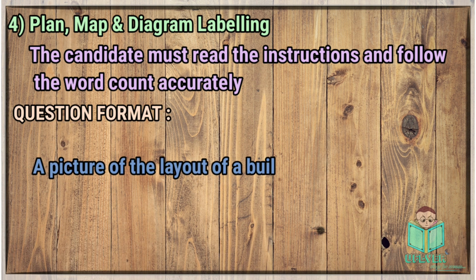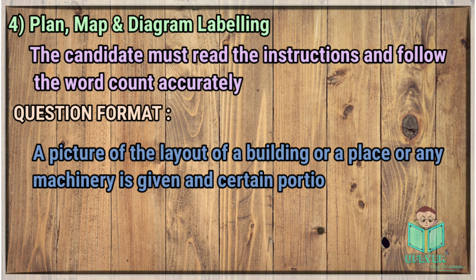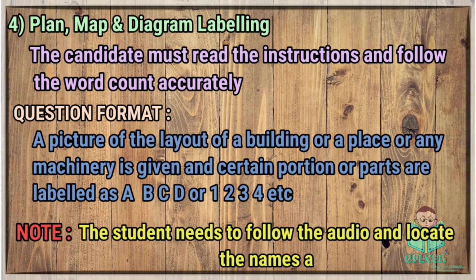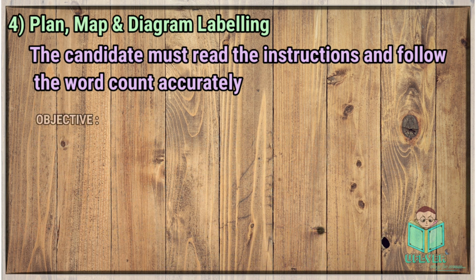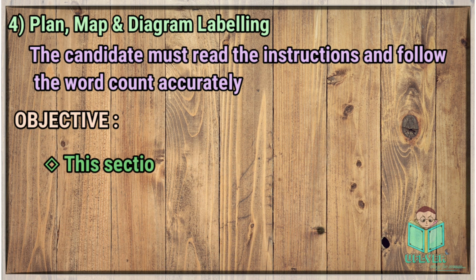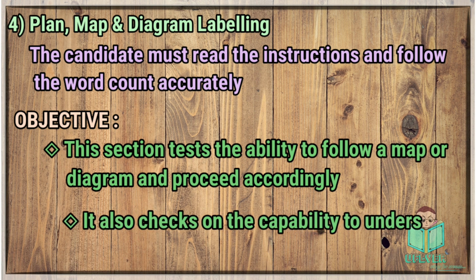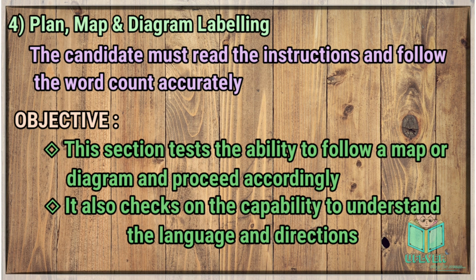Here a picture of the layout of a building or a place or any machinery is given, and a certain portion or parts are labeled as A, B, C, D, or 1, 2, 3, 4, etc. The student needs to follow the audio and locate the names and write it down. The objective of this section is to test the ability to follow a map or diagram and proceed accordingly. It also checks on the capability to understand the language and directions.